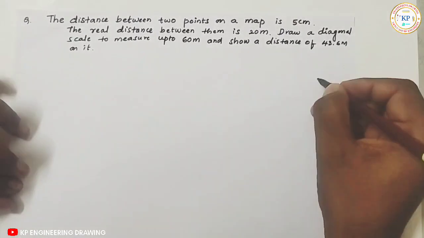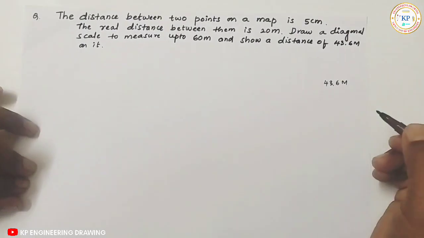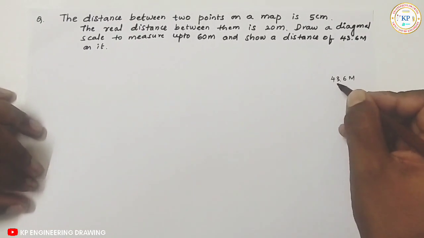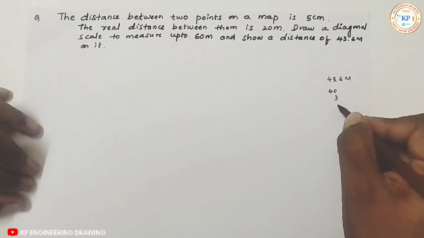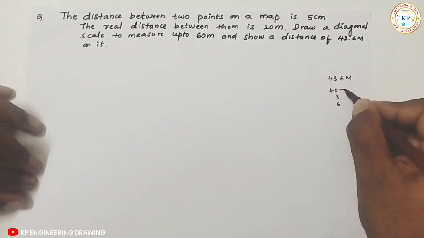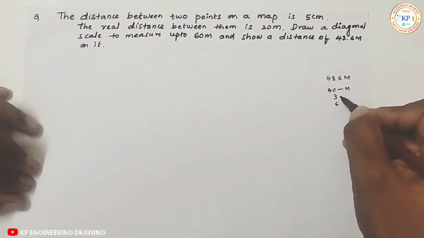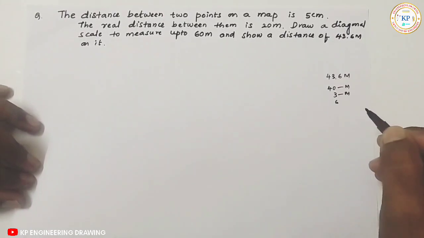Here we need to mark 43.6 meters. 40 is the main scale, that is meters, and its subscale also in meters, that is 43: 40 plus 3, 43.